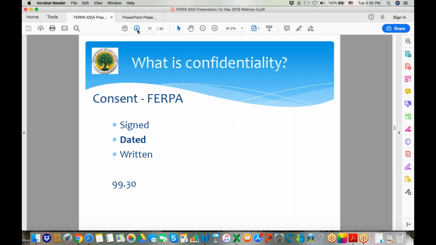I think while FERPA itself doesn't specifically talk about the consent being voluntary and informed, I think that's certainly the thought behind it. But one of the things you'll see differently is when you look at the regs under IDEA, they specifically state voluntary. You're not going to see that same language under the FERPA side of things.